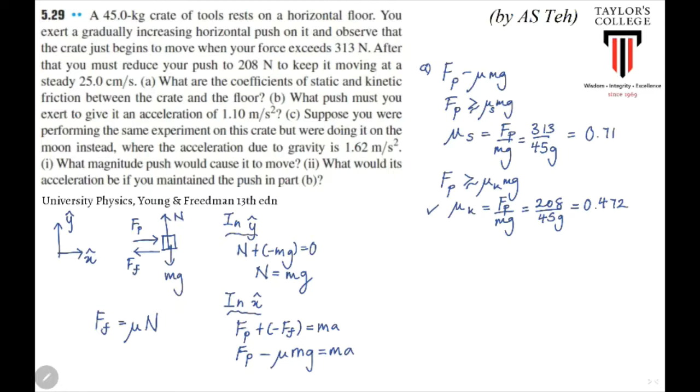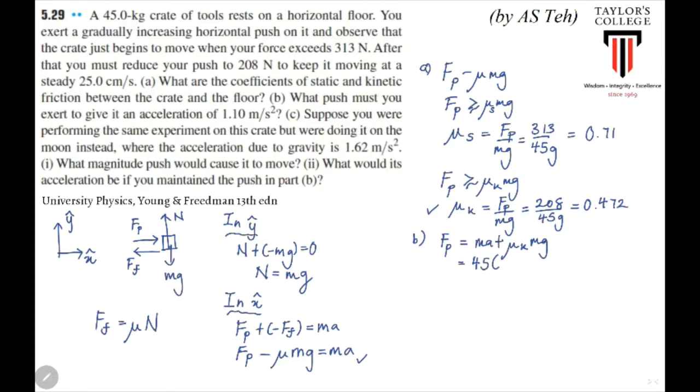what force you must exert. Now in this situation, it's not constant velocity, but we have an acceleration. So we use the complete equation: Fp minus mu mg equals ma. What must be the pushing force? I can rewrite the equation so that Fp equals ma plus mu. Since it's moving, I must use mu k mg. I can factor out m, which is 45.